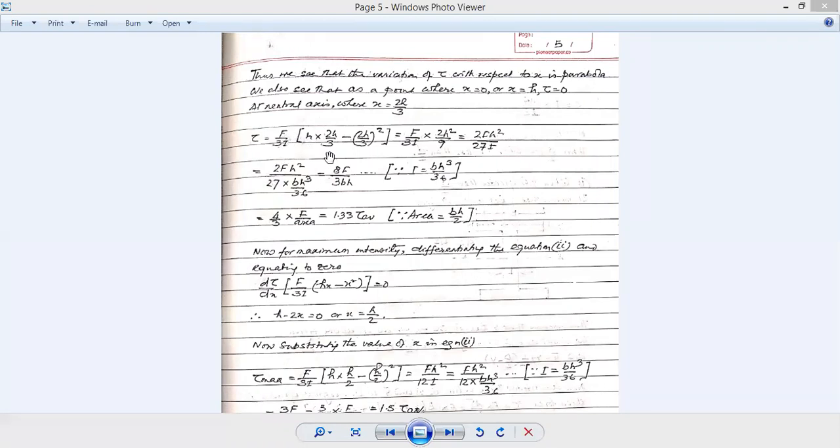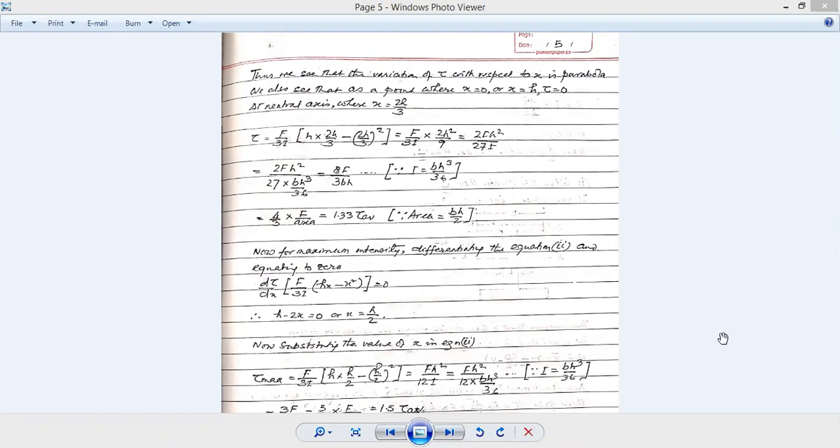We'll find that the area will be 2 into f h square by 27, bh cube by 36, which also reduces to 2 into f by 3 bh. So 4 by 3 into the average shear stress, that is 1.33 tau average. So the shear stress tau is the value of average shear stress multiplied by 1.33.